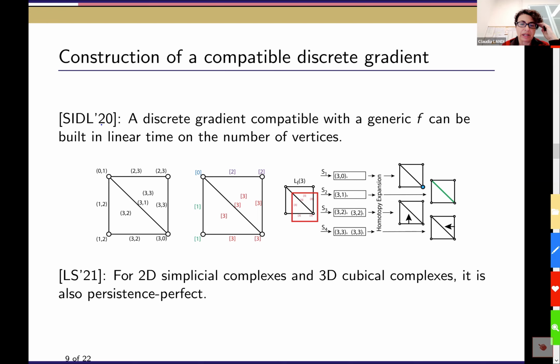And one way of doing this is available, for example, for simplicial complexes.